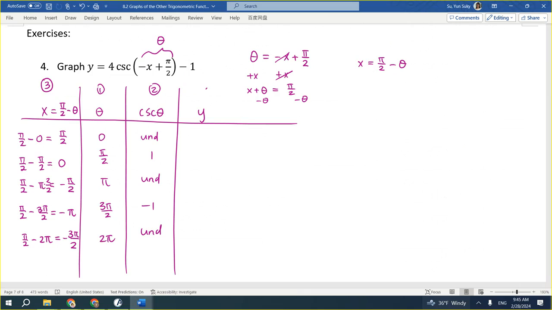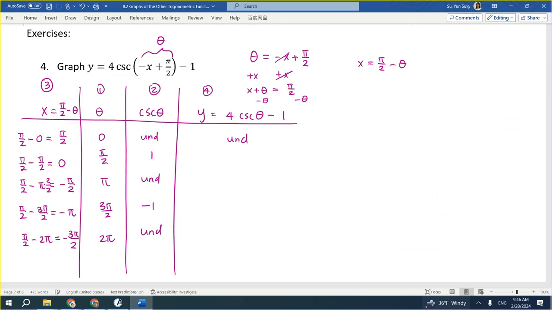Okay. The fourth set. Compute the y. The y is what? 4 cosecant theta minus 1. Yeah? Everybody? 4 cosecant theta minus 1. When you plug in undefined, what do you get? Undefined. Yes.